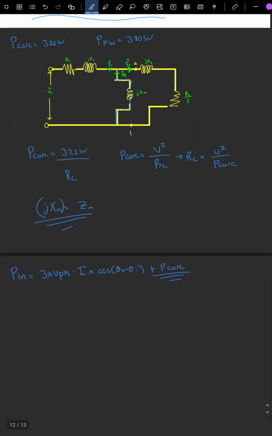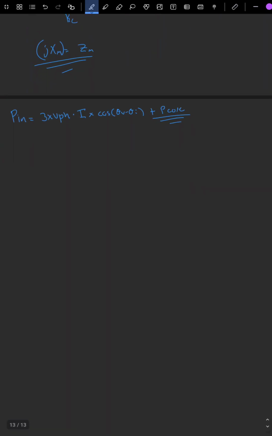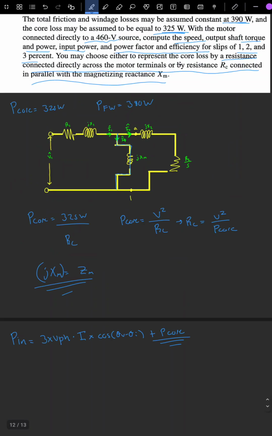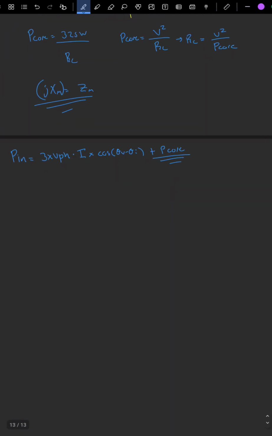So they yield the same thing. When he was going over the answers, I got the same thing he did. So I'll do it my way. I'll do it for one of the slips because they're very, very repetitive. So I'll start with slip equals 1.